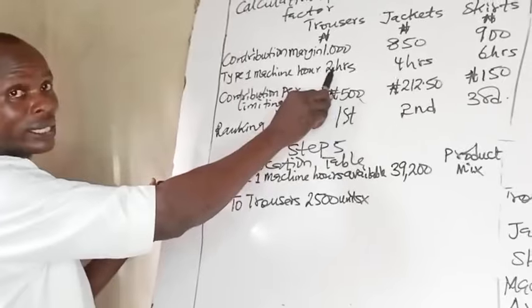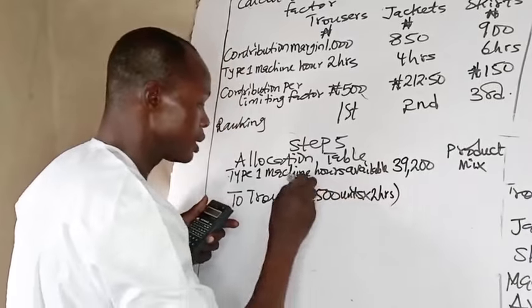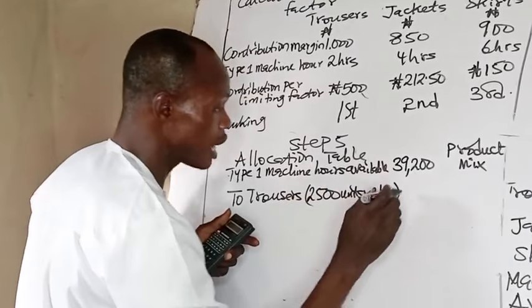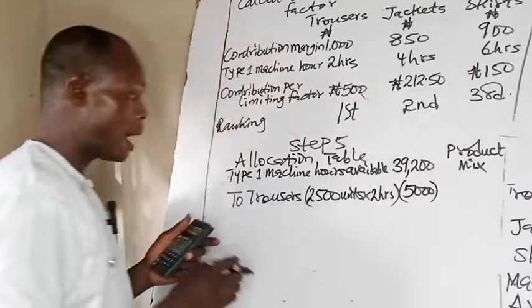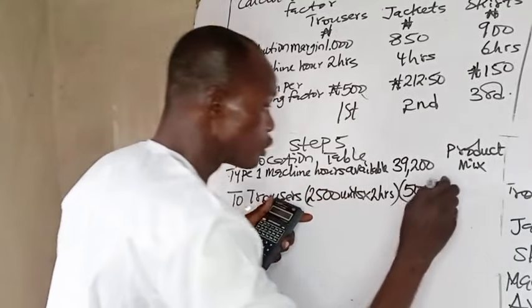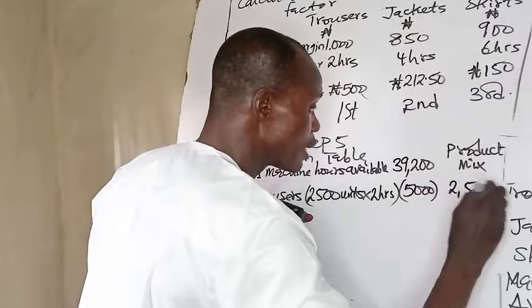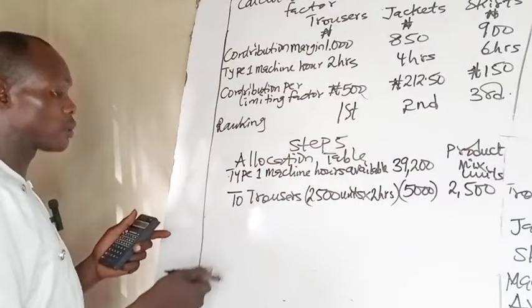We have 2 hours. So times 2 hours, then 5 times 2 will be 5,000. So that means you still have sufficient hours to produce trousers. So you can produce 2,500 units. We'll be able to achieve that demand for trousers.